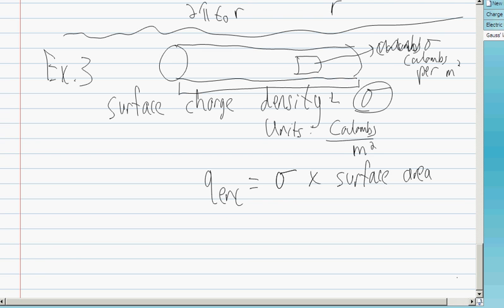So, let's give it a radius of, I don't know, B or something like that. From 0 to B, Q enclosed is going to be 0, because basically we're going to have no charge inside.